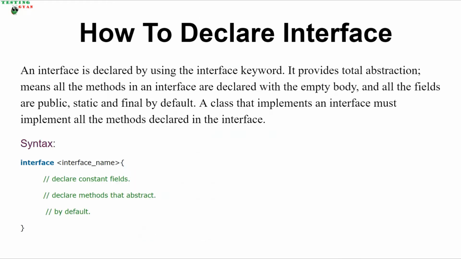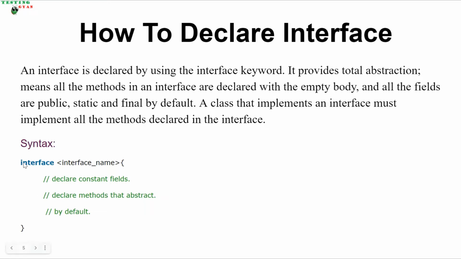Now let's see how you can declare an interface in Java. An interface is declared by using the interface keyword. It provides total abstraction, meaning all the methods declared in the interface have an empty body, and all the fields or variables will be public, static, and final by default. A class that implements an interface must implement all the methods declared in the interface.